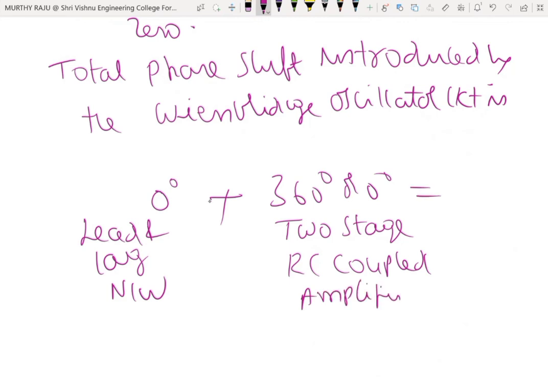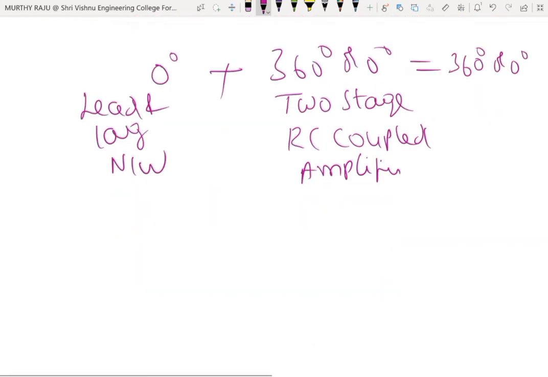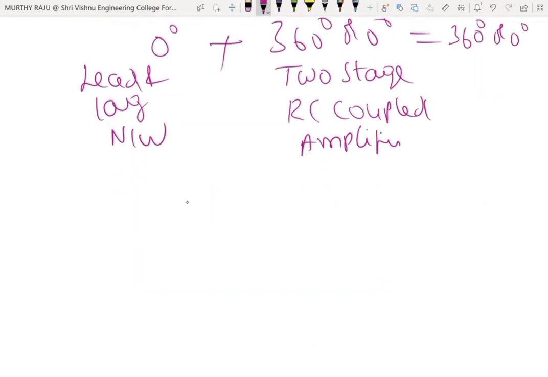Therefore, total phase shift is 0 plus 0, 360 degrees or 0 degrees. The Barkhausen criteria condition is satisfied. Therefore, oscillations are produced.